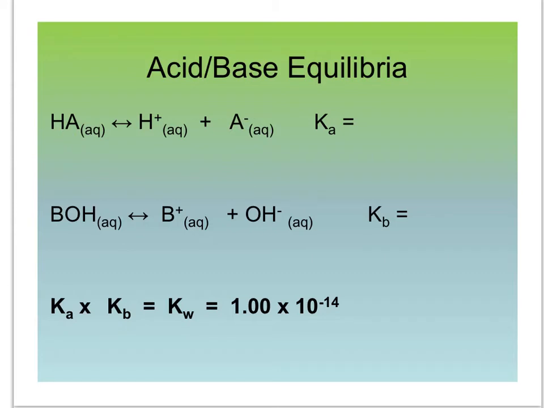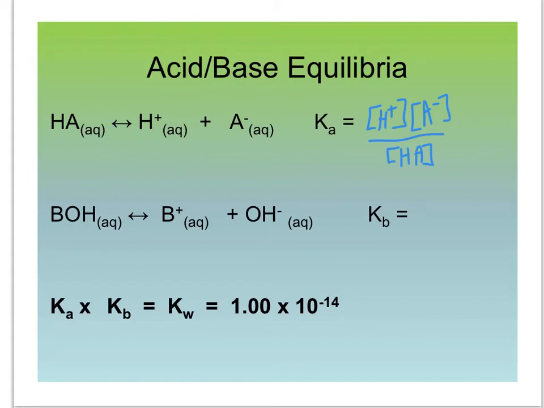So it would be the concentration of H plus times the concentration of A minus over the concentration of HA. So this is Keq, the equilibrium expression for this process right here.